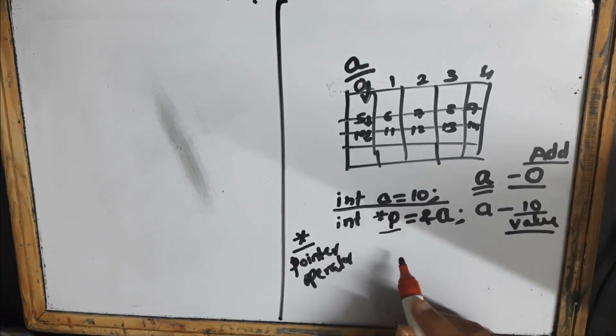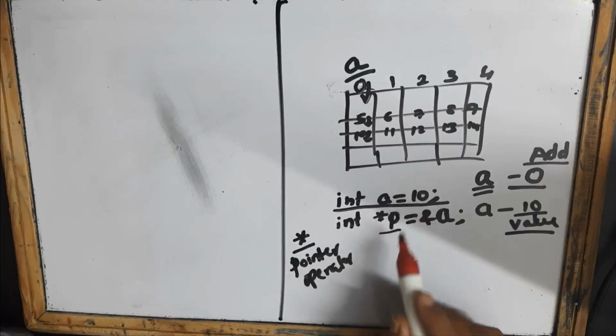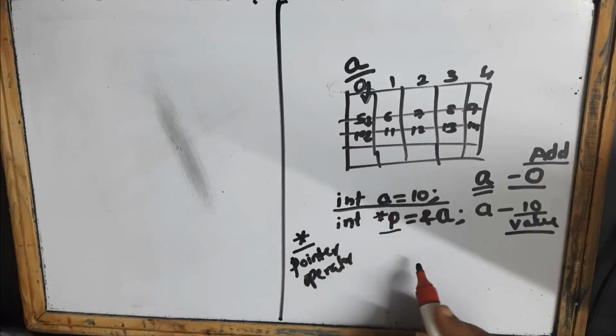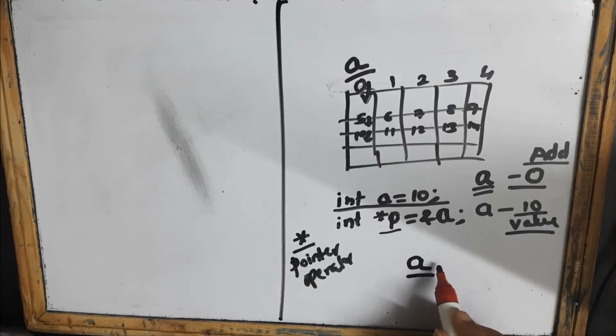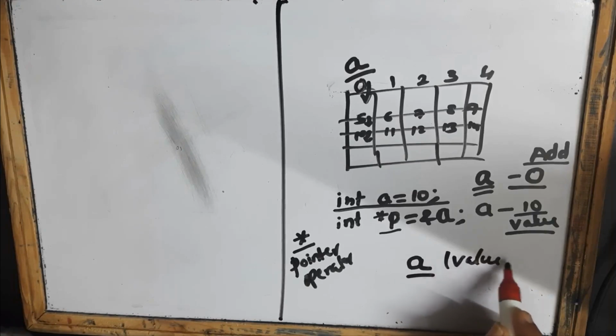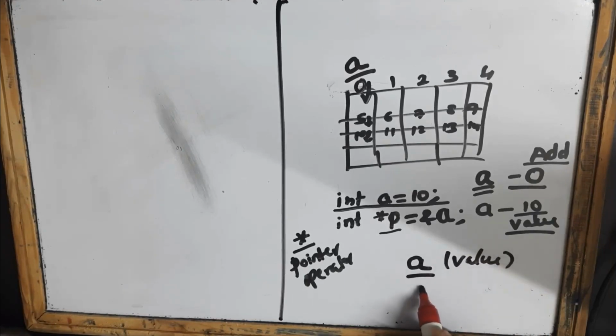When you want to get the value in C, you use A, then you will get the value. Now if you want to get the address, address means ampersand of A. This ampersand is the address operator.